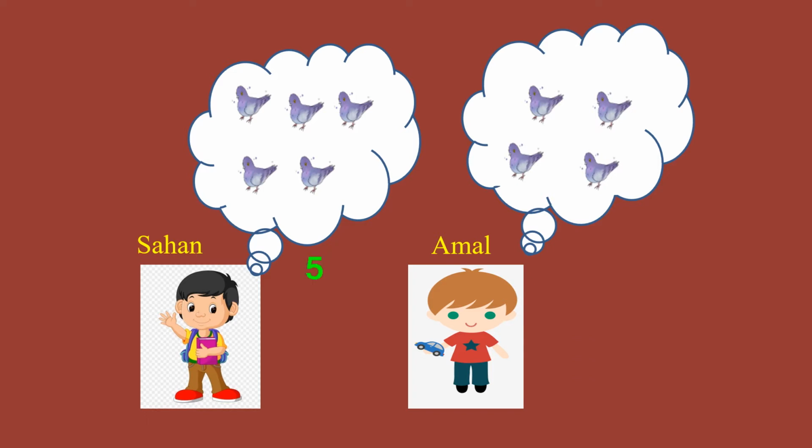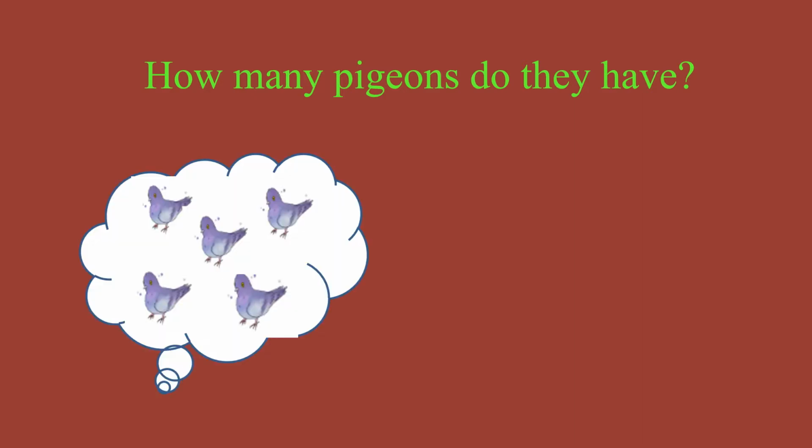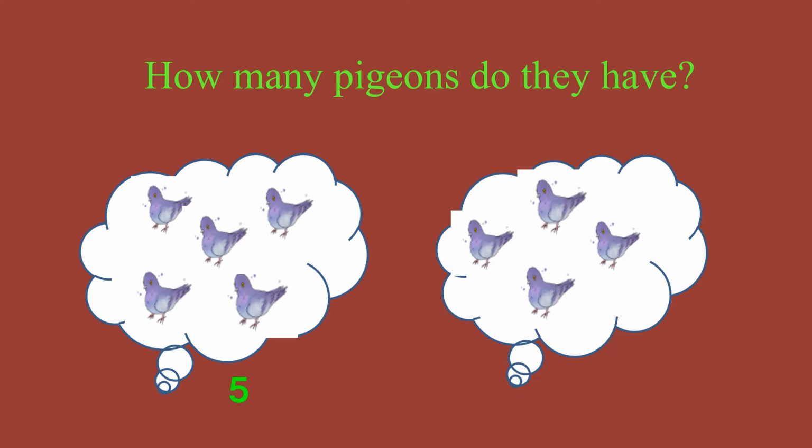So Sahan has 5 pigeons. Amal has 4 pigeons. Now altogether, how many pigeons do they have? So we are going to find that. How to find it? We'll say Sahan has got 5 pigeons. Then Amal has got 4 pigeons.